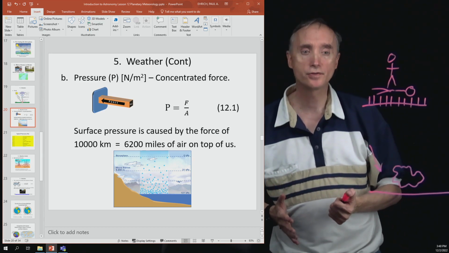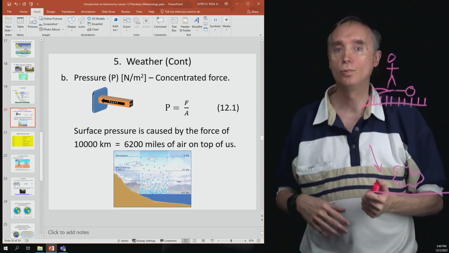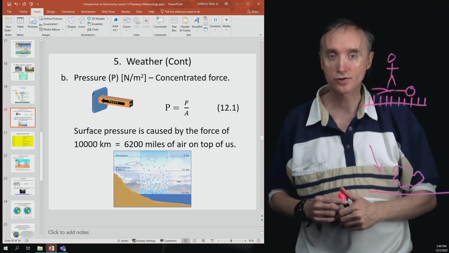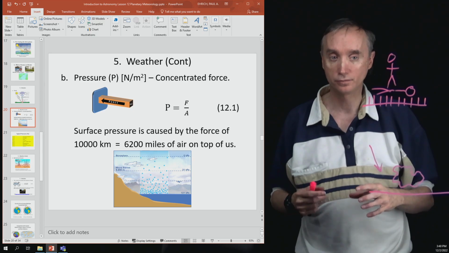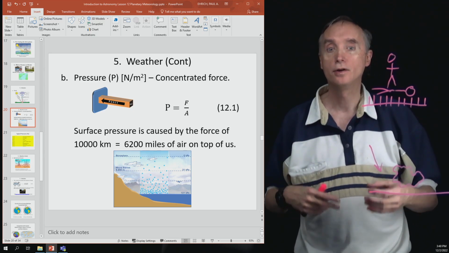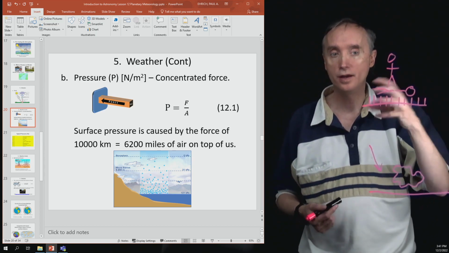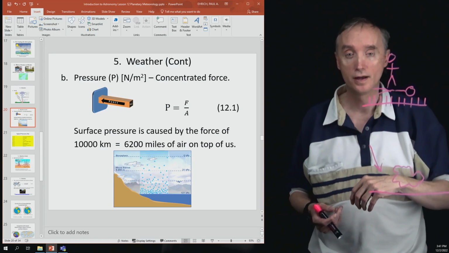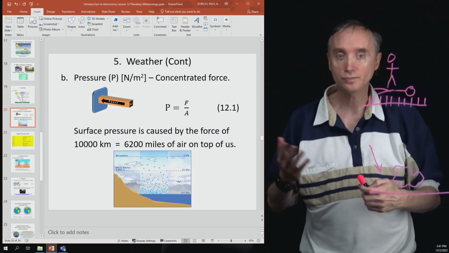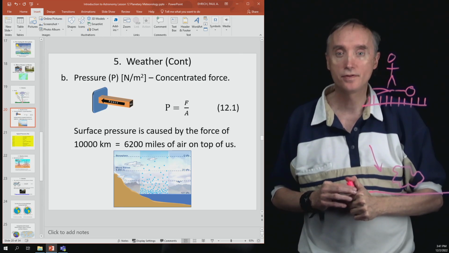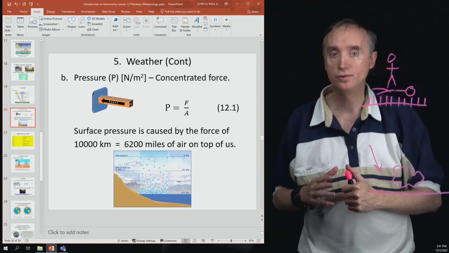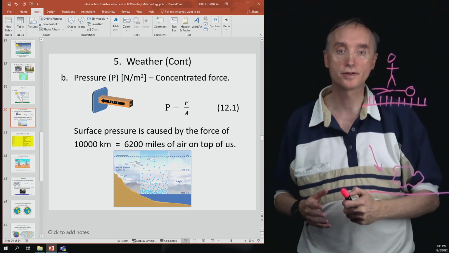Now what we're really interested in here, though, is what do we mean by atmospheric pressure? The pressure that you're feeling right now on your body is being caused by the weight of all the air that's on top of you. And that air goes all the way up to 10,000 kilometers, or 6,200 miles of air on top of us.